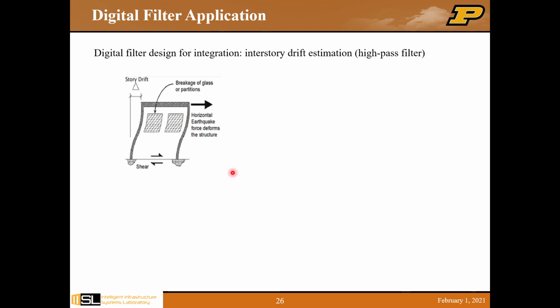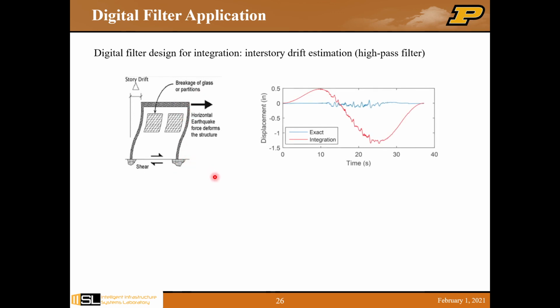You need, for example, an LVDT, and you need to fix both ends of the LVDT in two consecutive floors. So researchers thought, can we just use acceleration and do double integration? We can obtain the displacement, and then compare the displacement of the two floors. Then we obtain the interstructural drift, right?